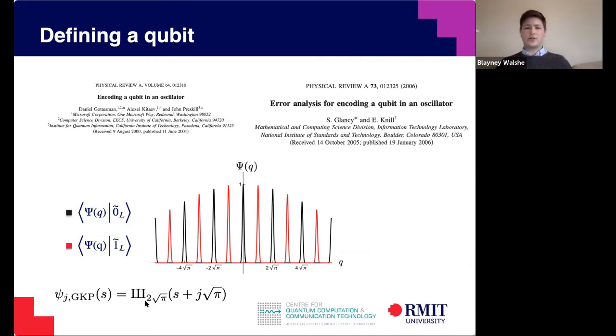Another state of interest, which I'll just briefly mention here because I'm going to bring it up again later, is what we call a Q0 state, also sometimes called a sensor state. It's another sha function, but the spacing is the square root of 2 pi instead, in both position and momentum. The unique thing about this is you can't use it for operations.